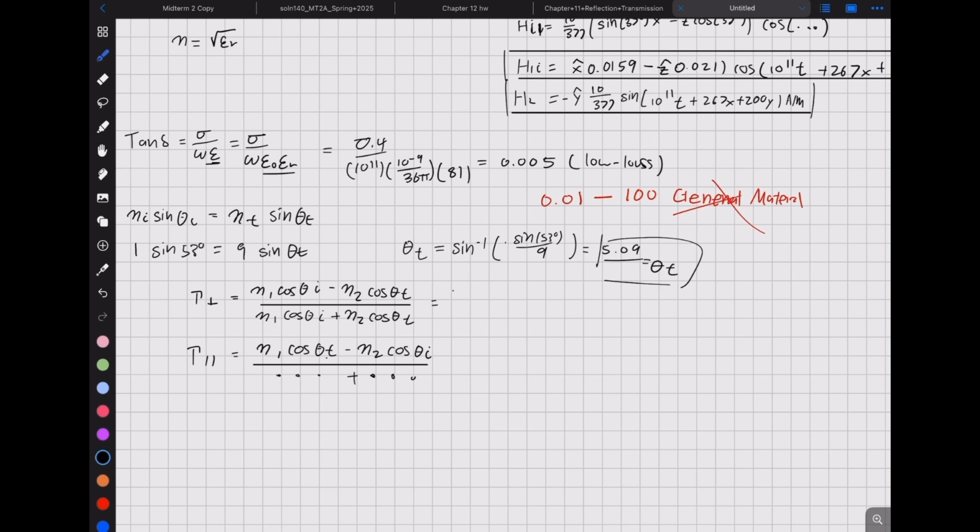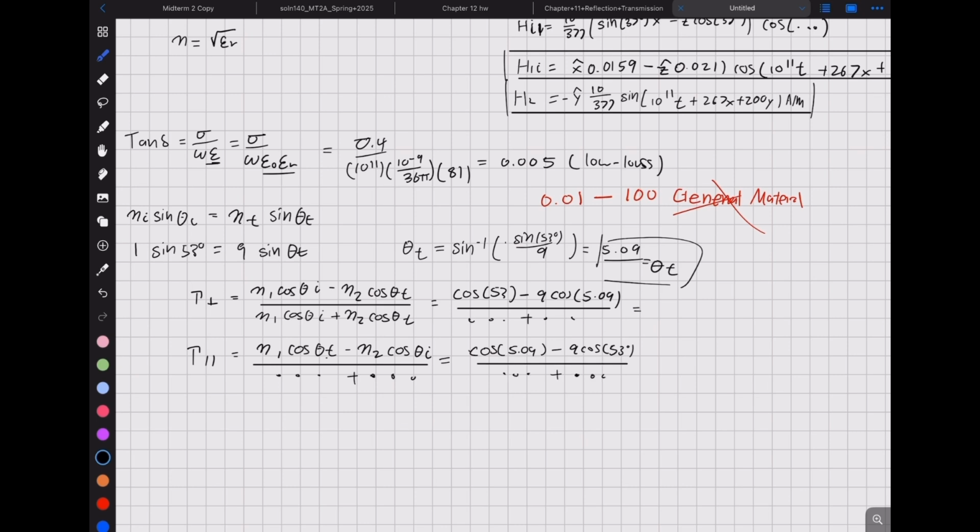So we're going to have cosine of 53 minus 9 cosine of 5.09. The bottom part is going to be just the sum of those two. The top is the difference, and the bottom is the sum. So on the bottom, we're going to have cosine 5.09 and cosine of 53 degrees, and we're going to be adding those up together.